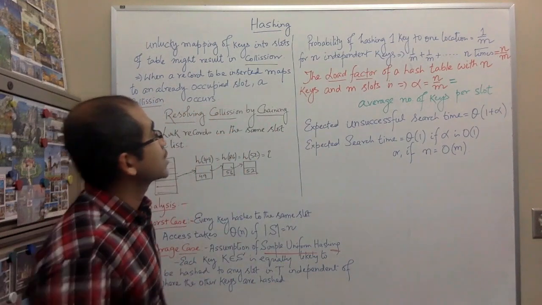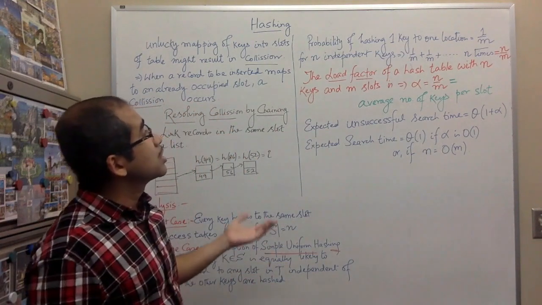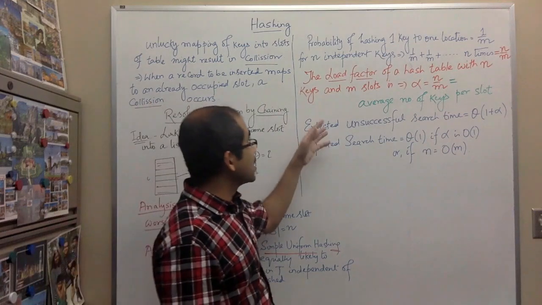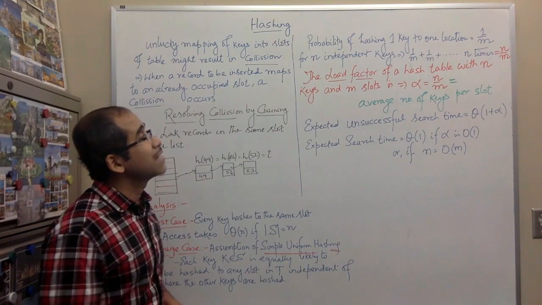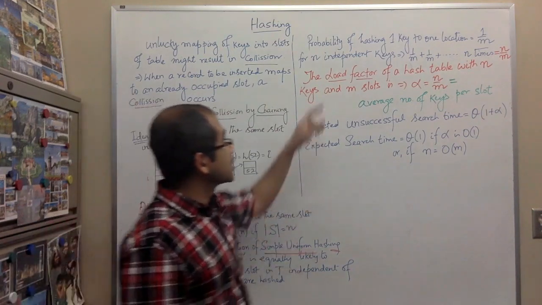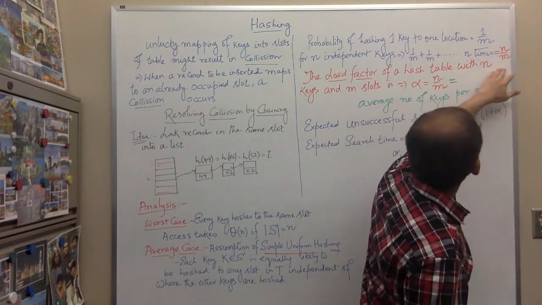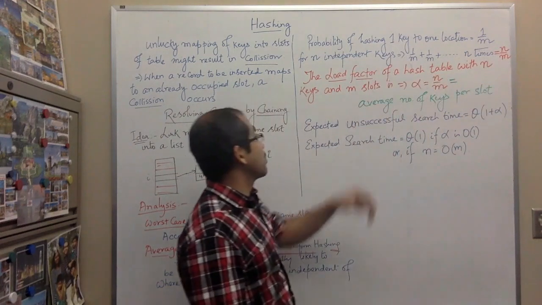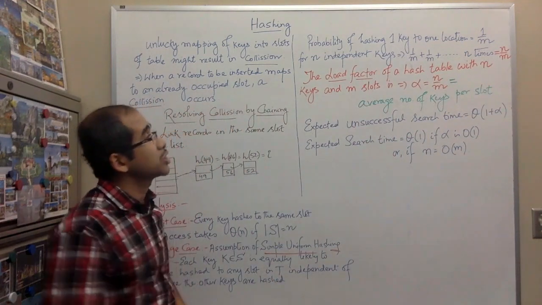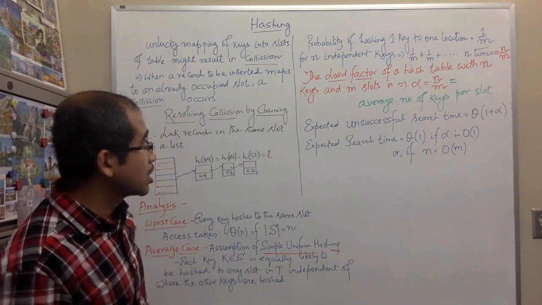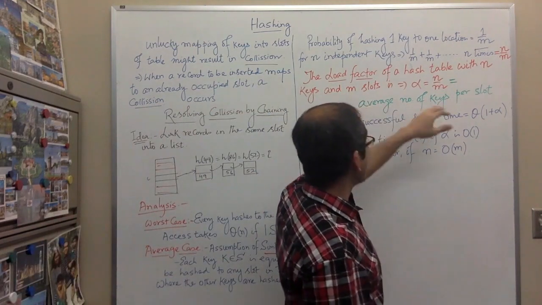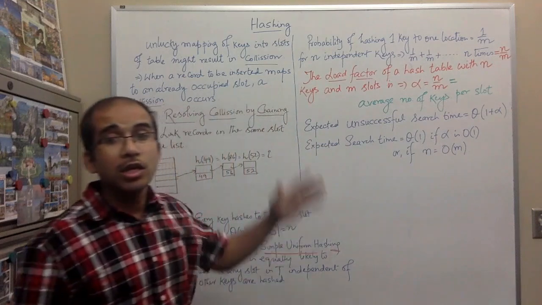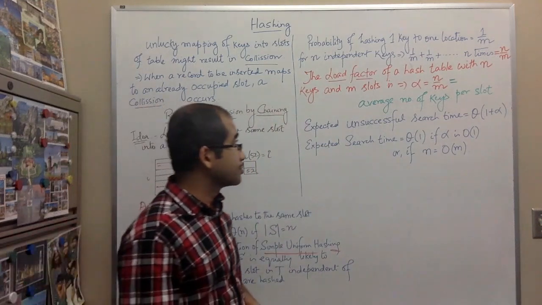What is a load factor? The load factor of a hash table with n keys and m slots is called alpha, which is n by m. As I said, n by m is the probability from n independent keys hashing to m slots. The load factor is actually the average number of keys per slot, using that probabilistic calculation.